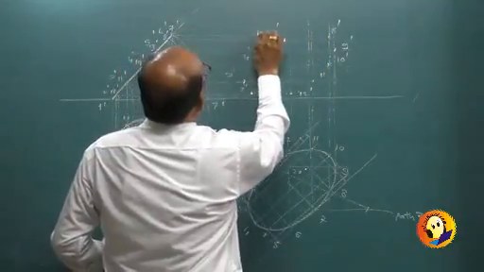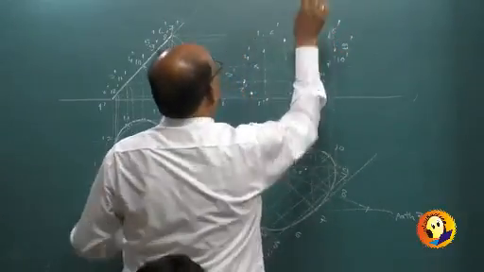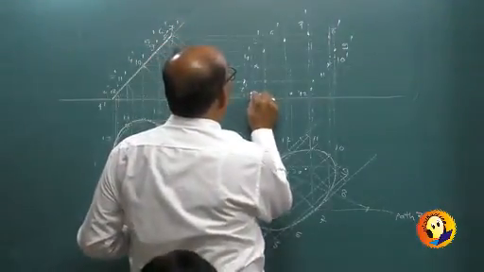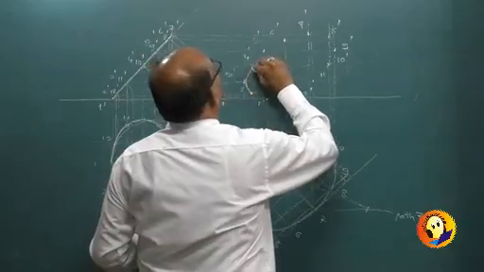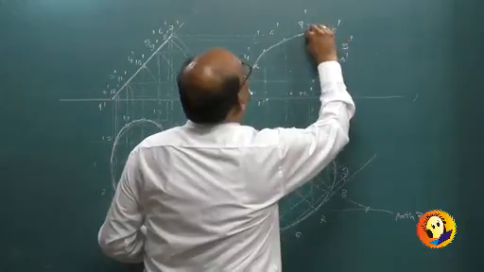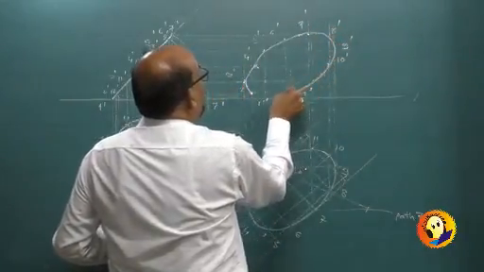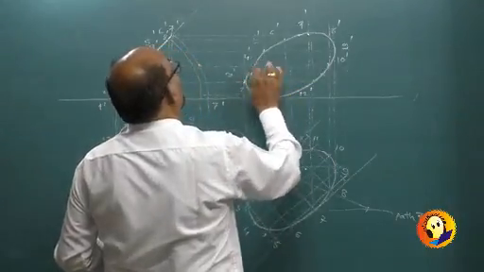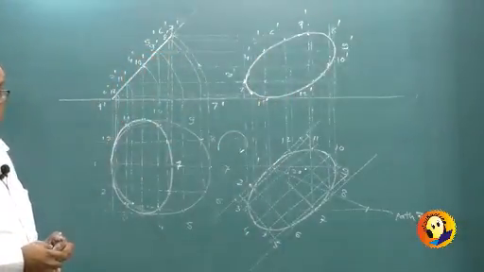And point 7. And then we are required to connect all of them again by a smooth curve. And we complete the projections.